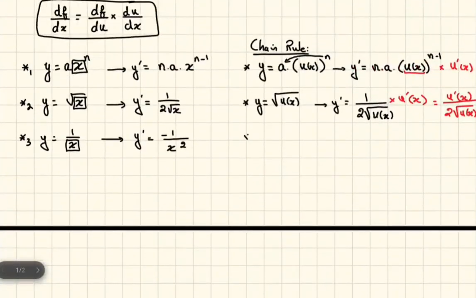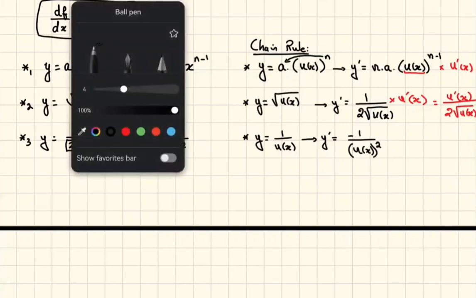The last one, if we have 1 over, instead of x, maybe x plus 2 in the denominator, maybe 3x plus 1, maybe x squared plus 5, whatever, I'll call it u of x. Its derivative will be exactly the same thing: minus 1 over, instead of x here we have u of x squared.